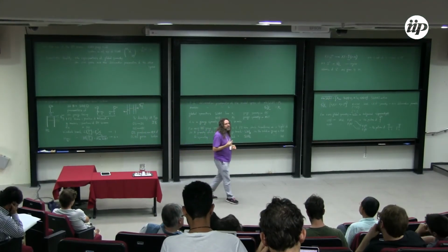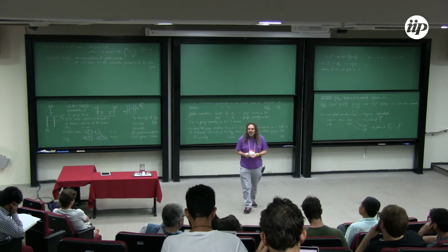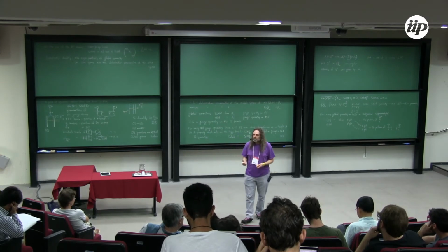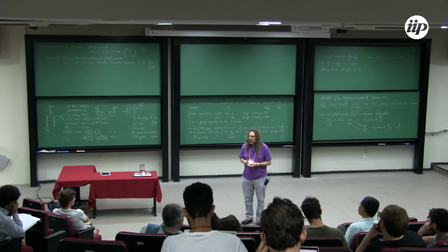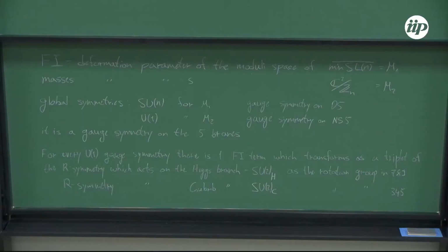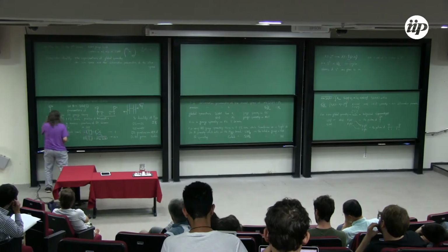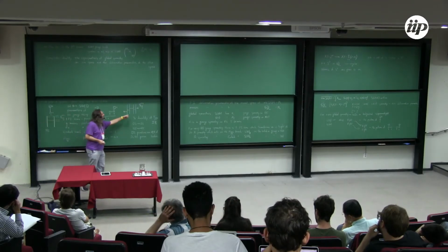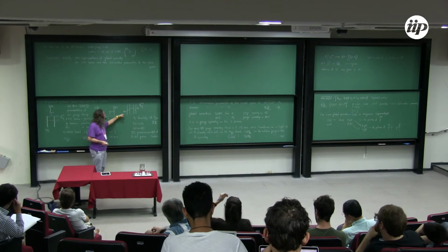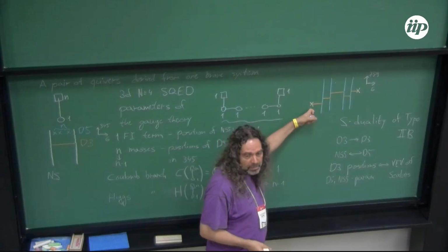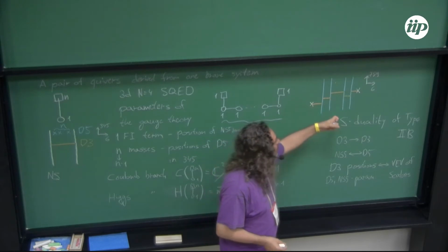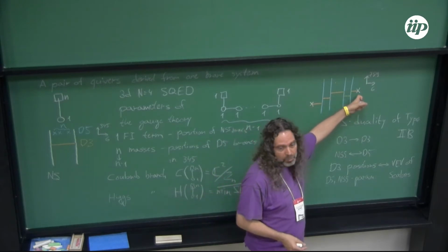So here's the power of supersymmetry. I have heavy branes. They come in supermultiplets. They have 16 supercharges, right? So the theory on the D5 brane has 16 supercharges. The theory on the NS5 brane has 16 supercharges. So there is a gauge field over here, and there are 4 scalars. And there is a gauge field over here, and 4 scalars.